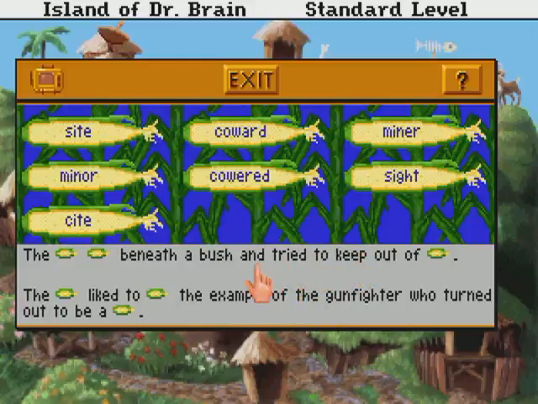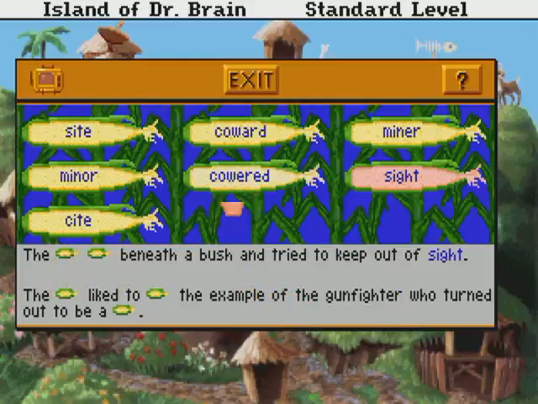Alright, the blank beneath a bush and tried to keep out of the blank. The blank liked to blank the example of the gunfighter who turned out to be a blank. Right, out of sight probably.